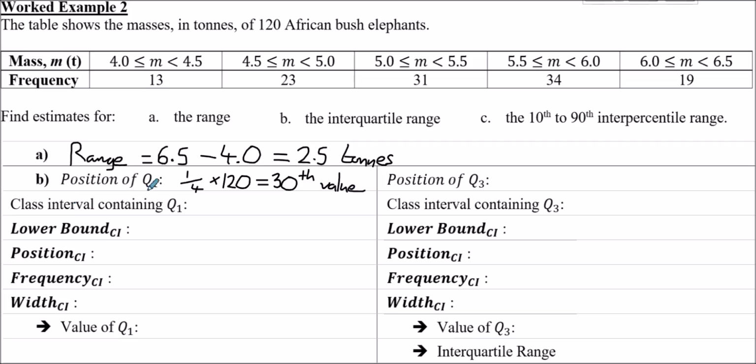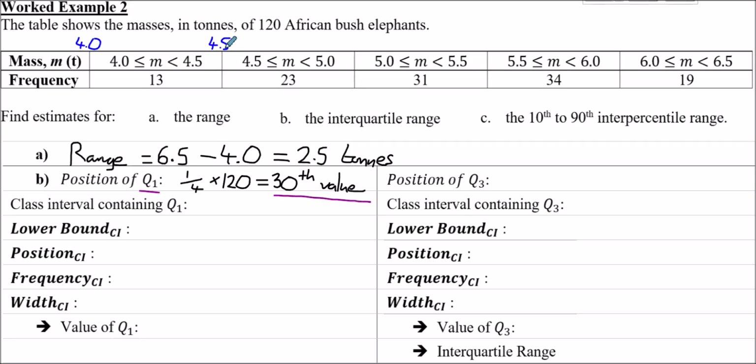The class interval containing Q1: if we just label Q1, which is the 30th, whereabouts is the 30th value? Well, this is where we need to do the class interval limits at the top and the cumulative frequency at the bottom. So let's do this. This lower limit is 4.0. The boundary between 4.5 and 4.5 is 4.5 itself.